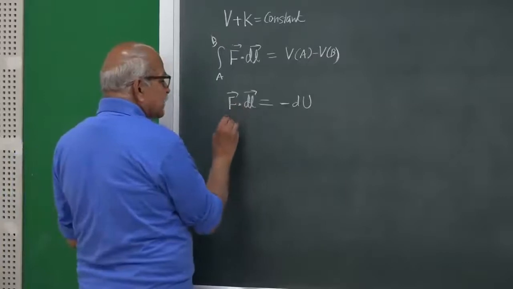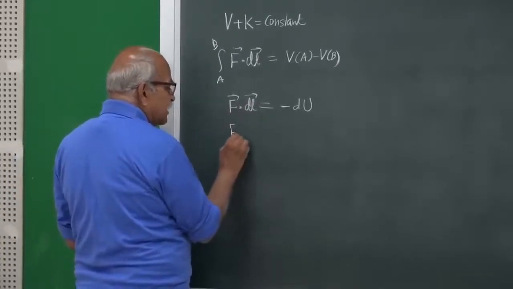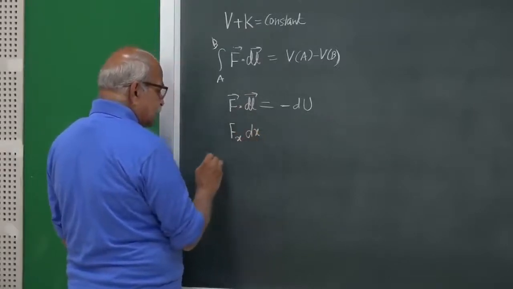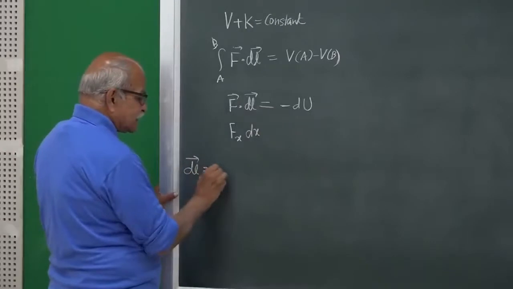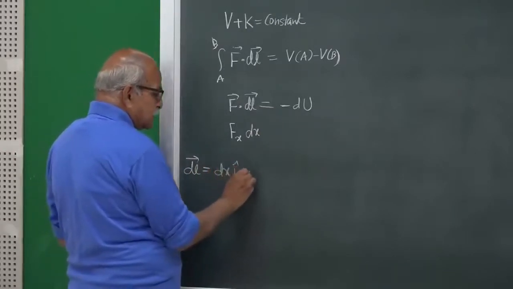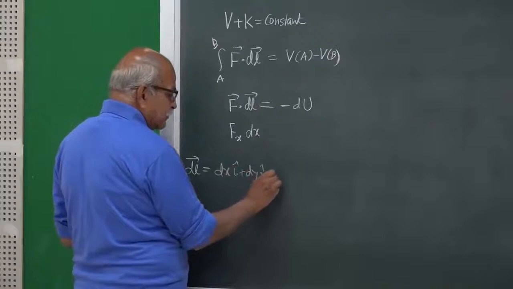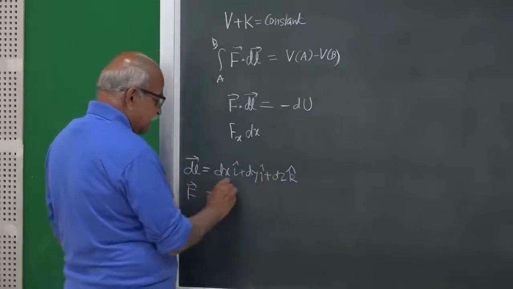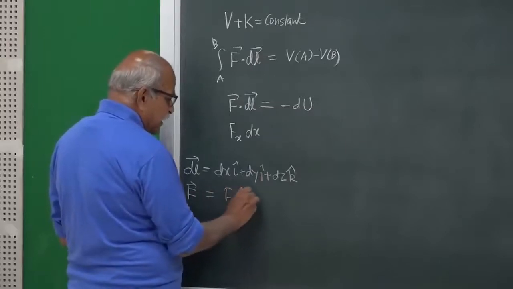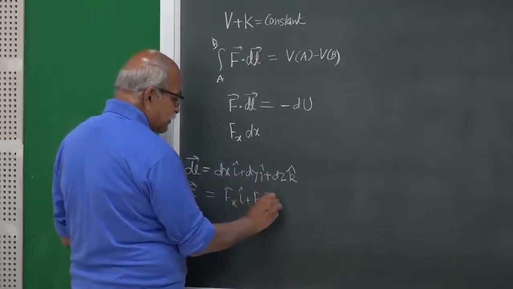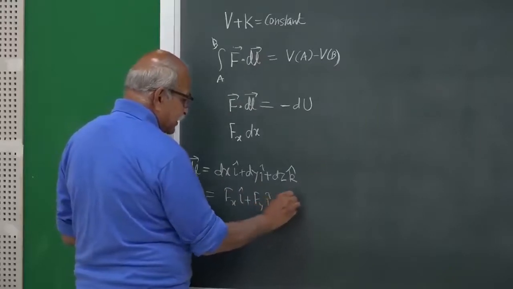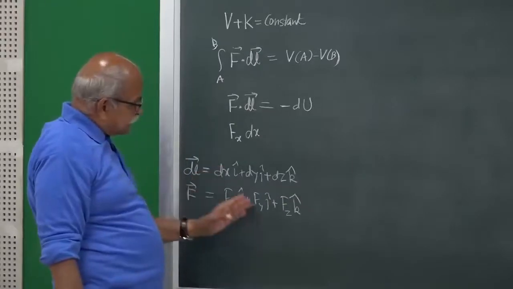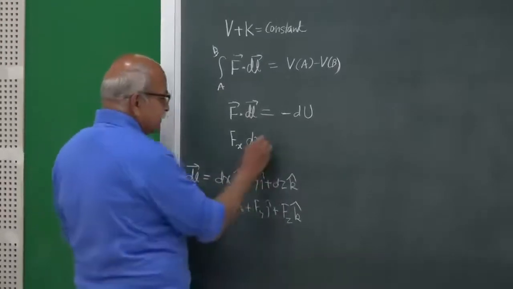If I write in component form, this will be Fx and dl is dx. So, dl you can write as dx i cap plus dy j cap plus dz k cap, and F you can write as Fx i cap plus Fy j cap plus Fz k cap, and if you take the dot product, it is Fx dx plus Fy dy plus Fz dz.